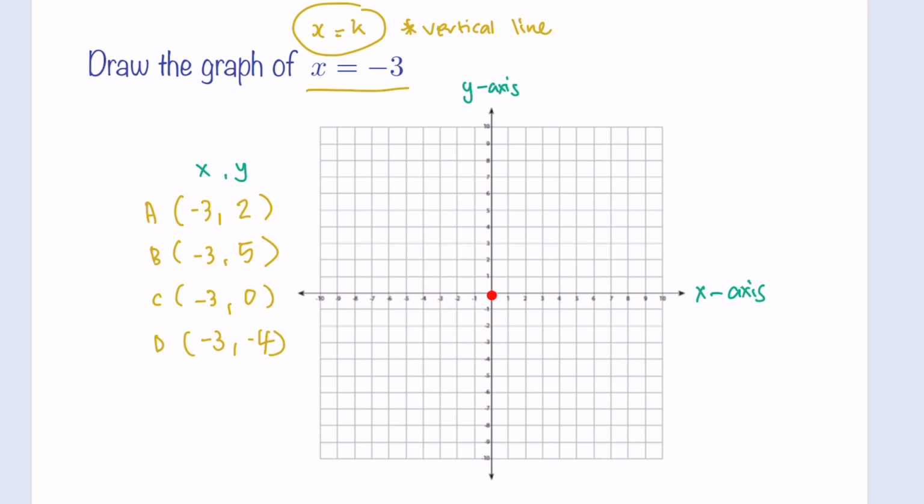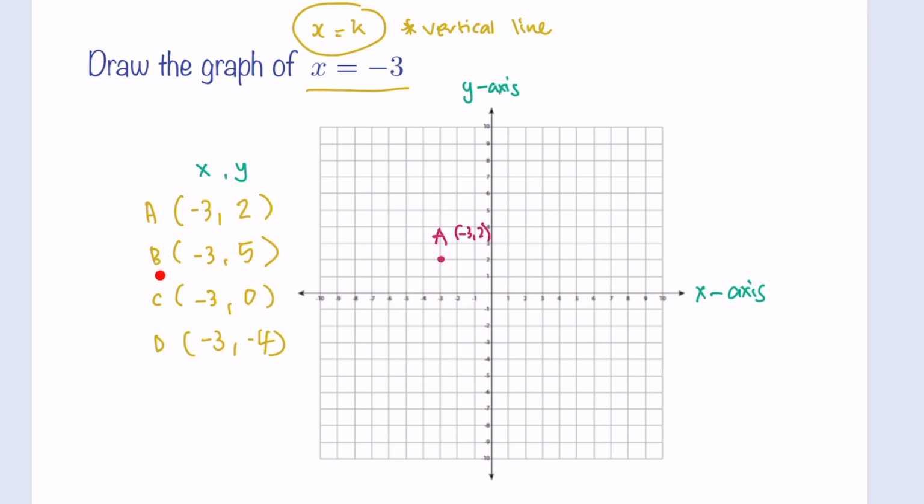So starting here, let's plot point A. Point A has -3 on the x, so I need to go 3 steps to the left. And from here the y is 2. So going up 2 steps, here is my point A. So my A has the coordinates -3 and 2.